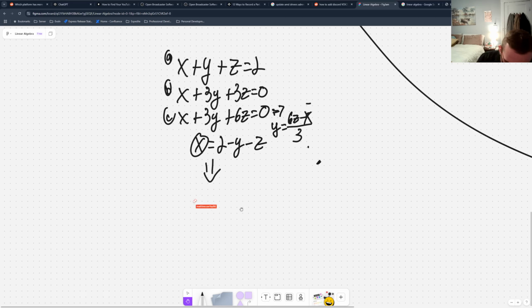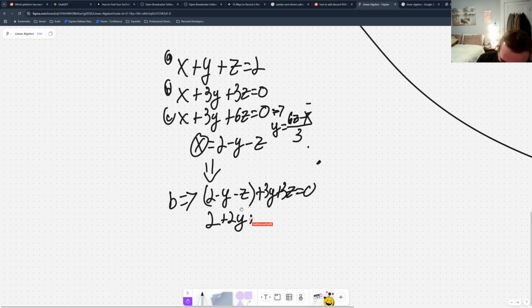So B becomes 2 minus y minus z plus 3y plus 3z equals 0. This is 2 plus 2y plus 2z equals 0.